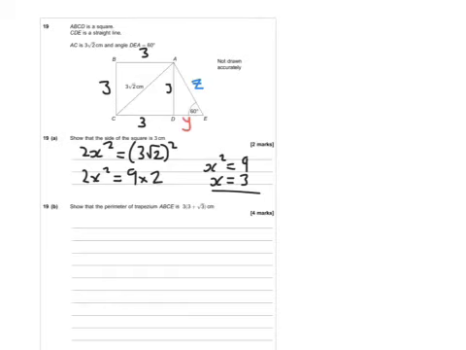So we need to know what tan of 60 is, and we also need to know what sine of 60 is. Actually, cos of 60 or sine of 60, it doesn't really matter.